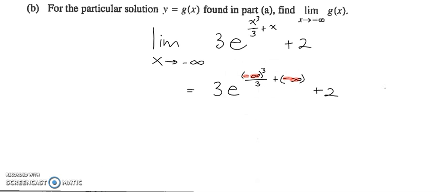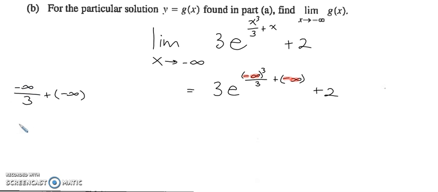Okay, so what we have is negative infinity cubed, which is just negative infinity, over 3 plus negative infinity. Negative infinity cubed is just going to negative infinity faster.